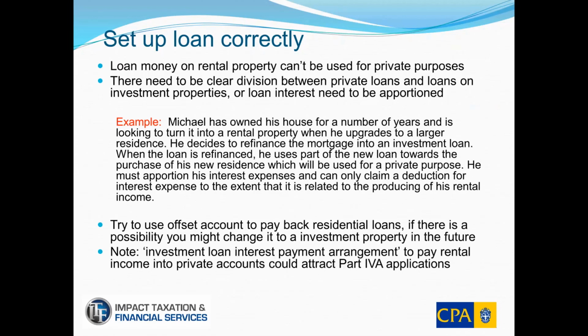The effect is that you are paying down your residential property loan faster than the loan on the investment property, so you're basically maximizing your rental deductions on the loan interest.